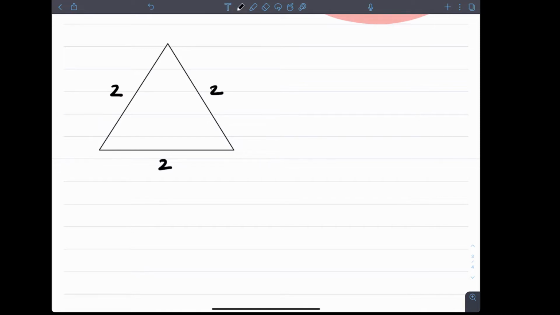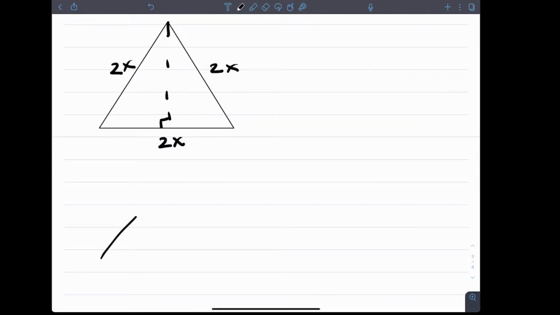Here's what I'm going to do. I'm going to say this is 2x. Okay? And if I bisect, which means cut in half, what do we get? Focus on this left side.